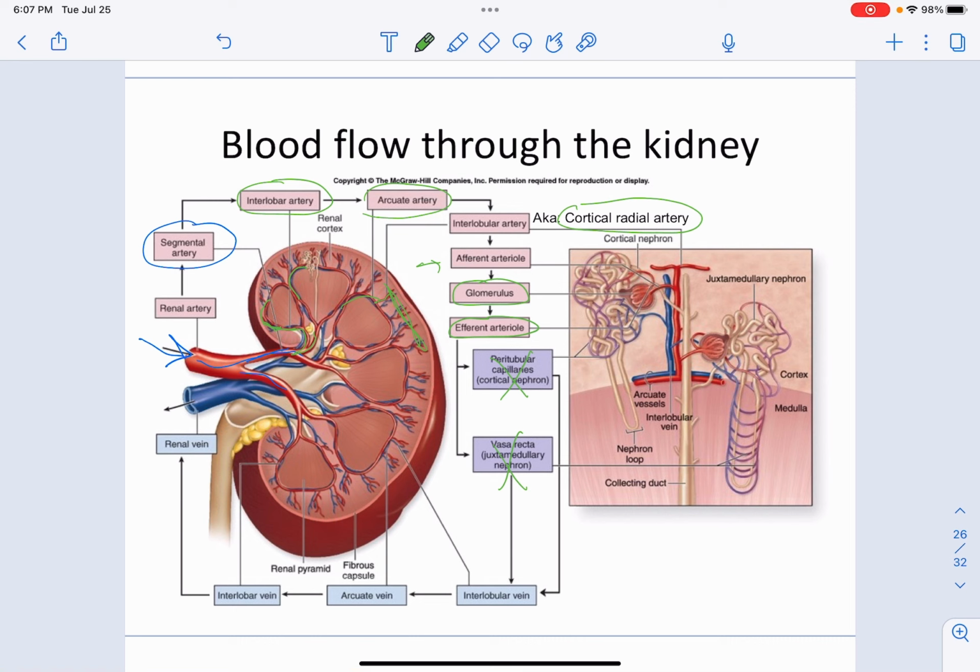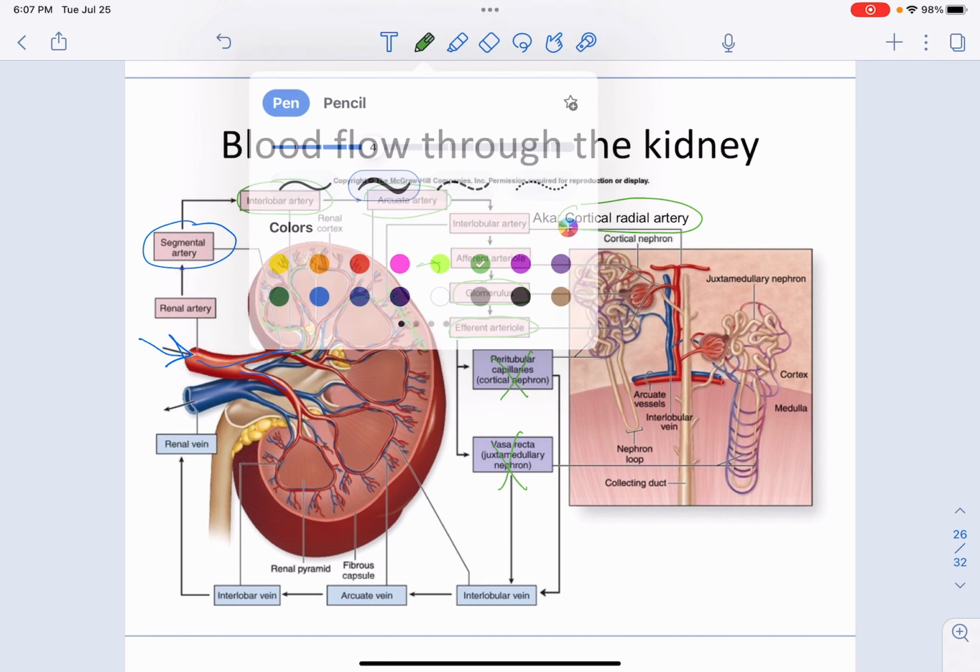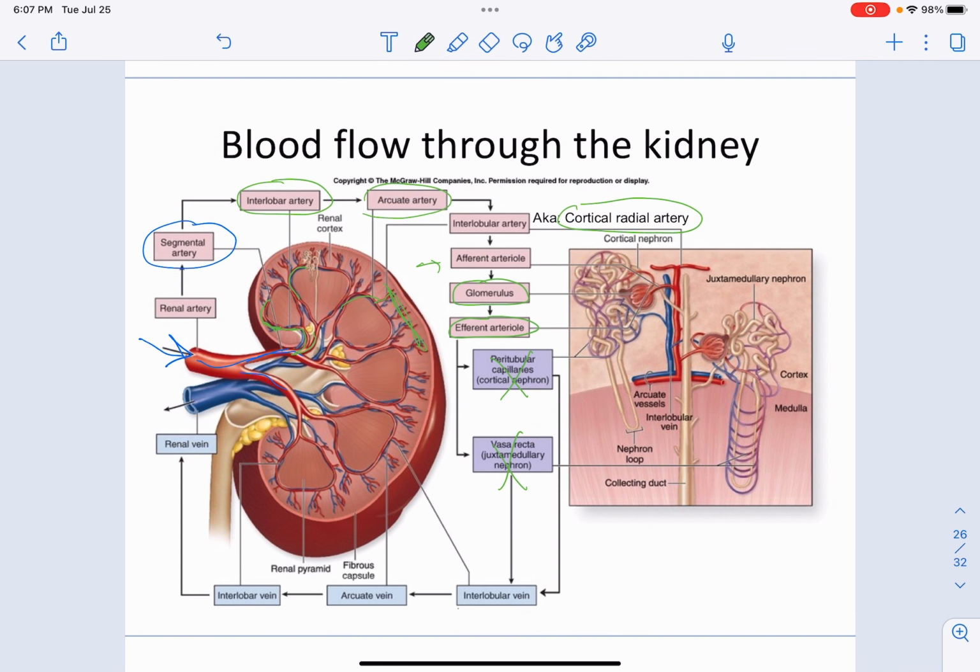Now it's going to go into the venous system, because it's been filtered and it's going to go back toward the heart. So instead of this named vein, we're going with the cortical radial vein. That's going to branch into the arcuate vein.